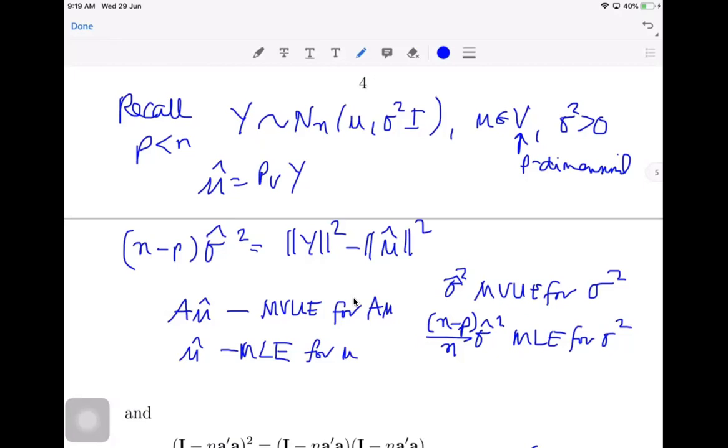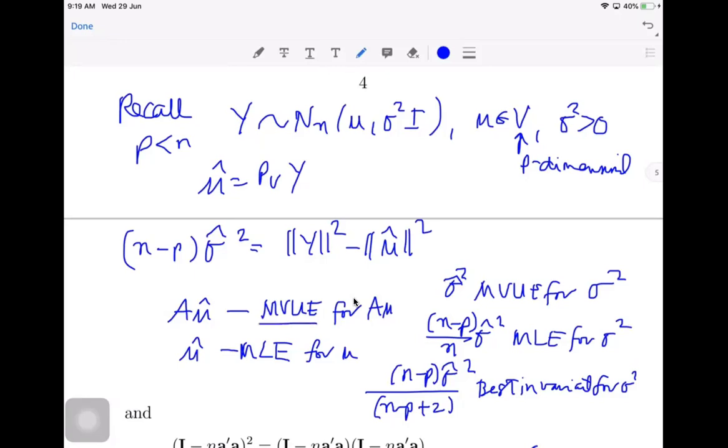Best invariant: N minus P sigma hat square over N minus P plus 2 will be best invariant for sigma square.